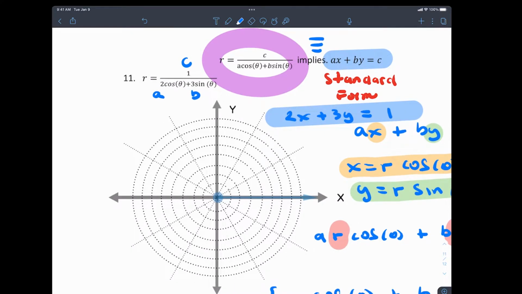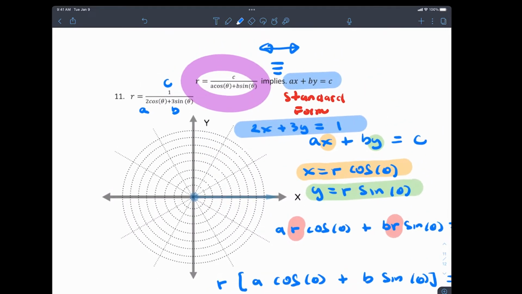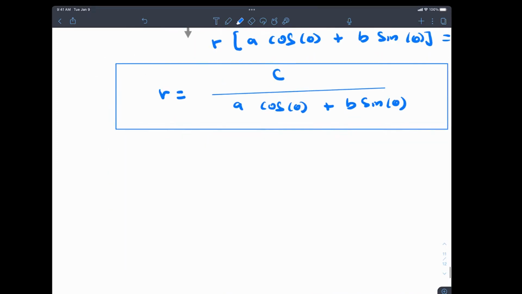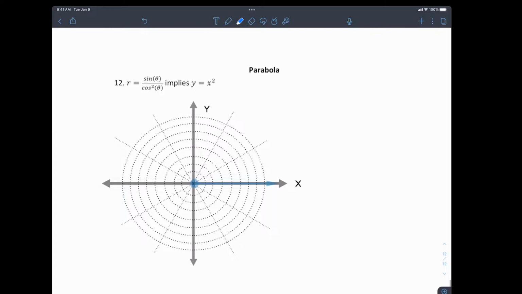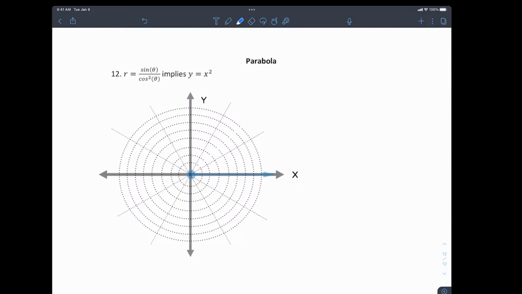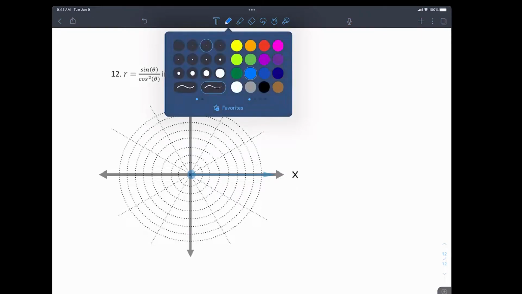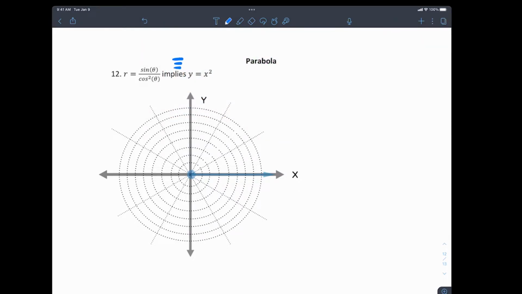So we're going through an exercise here that's a great exercise. And you go, this is a parabola? Yeah. And again, I want to say that this is an equivalence relationship, a biconditional. This is a parabola. This is y equals x squared. And you say, how do I know that this is the polar form? Well, replace y with what?